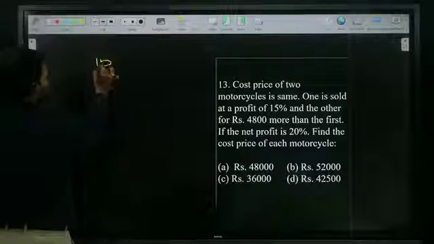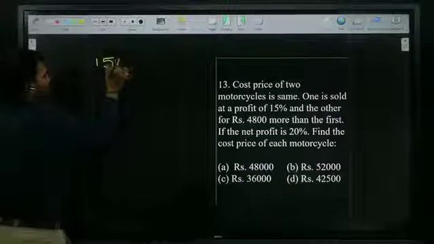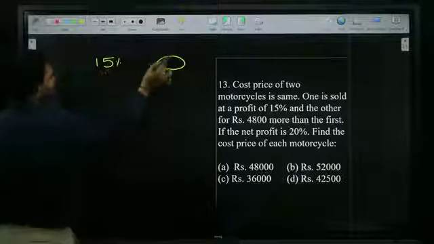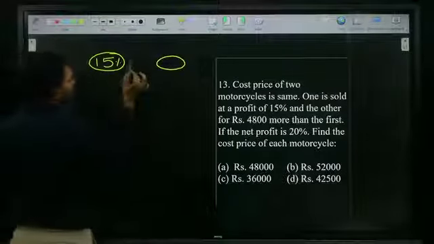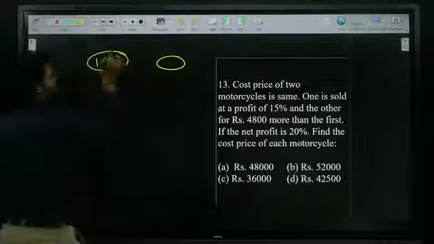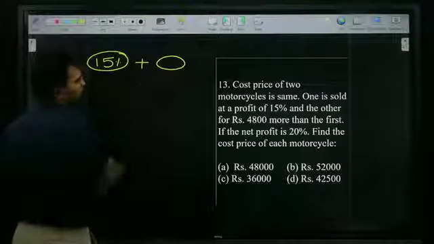One article he sold at 15% profit. Another article I don't know. First article is 15. Second article I don't know.